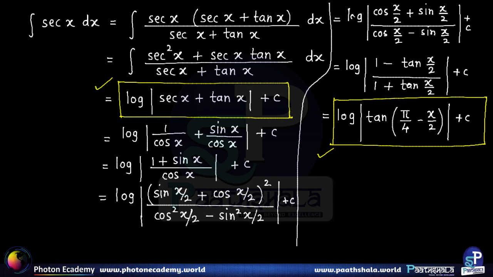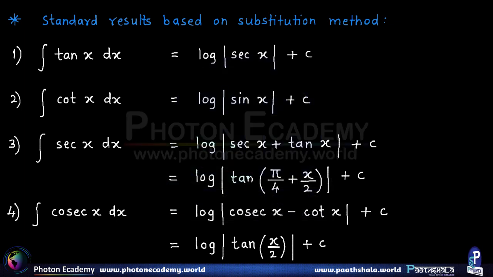So just to summarize here, we have the list of integrals of these four functions that we just now saw. So let us go over these integrals. The integral of tan x is log of mod of sec x plus c. Integral of cot x is log of mod of sin x plus c.